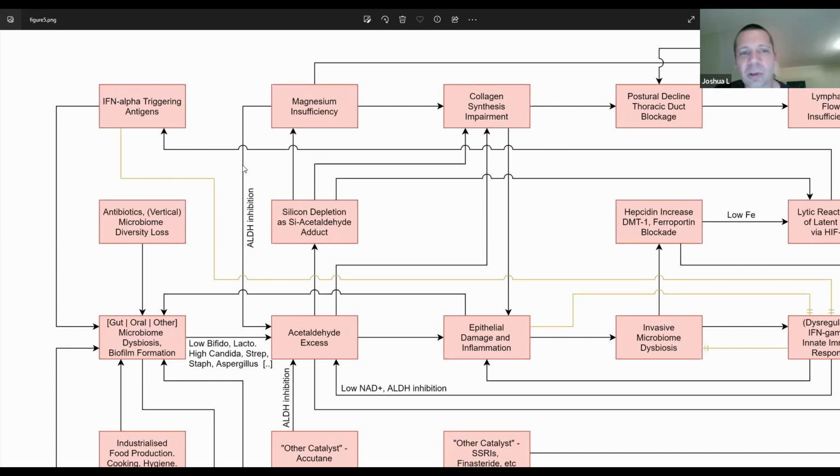And why that's also important is because once the silicon is depleted, your ability to chelate a number of these other heavy metals, and you see that with cadmium, silver, mercury, lead, tin, ends up being decreased. And it's not just silicon that can do this. You see the same thing with zinc and chromium and a couple of the other metals, depending on what adducts it forms.